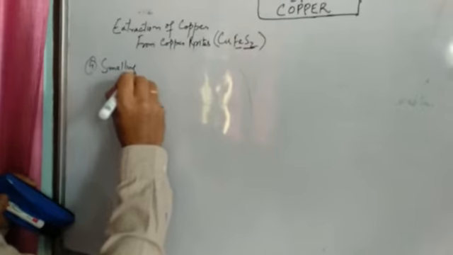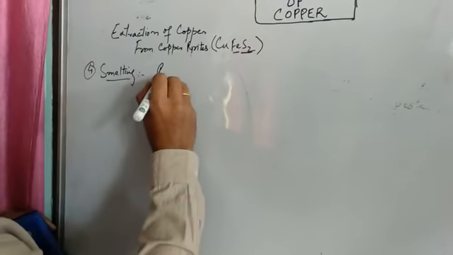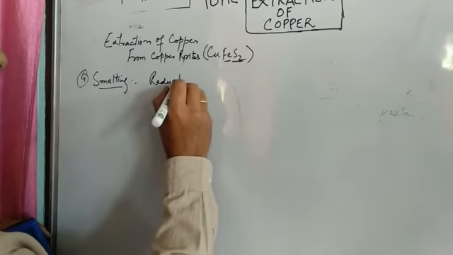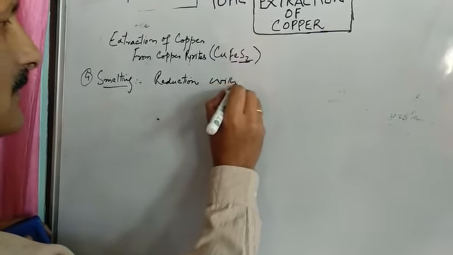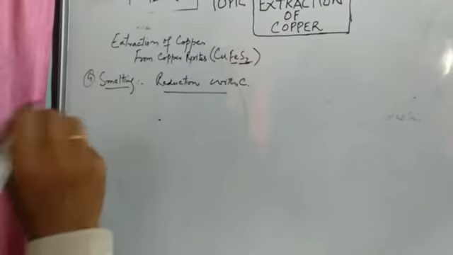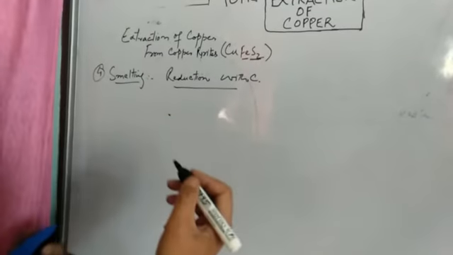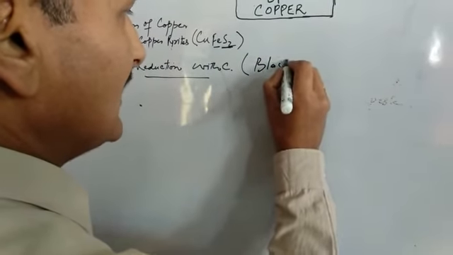Smelting, if you remember, is basically reduction. The roasted ore is reduced with carbon. And if you remember, in case of iron, we had done smelting in a big container known as blast furnace, and we shall be using that furnace again.